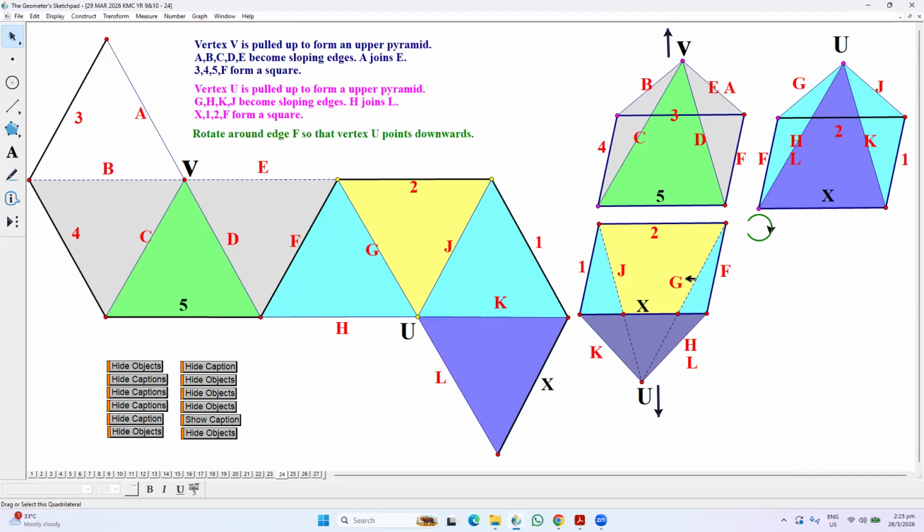J switches with G, then HL switches with K. So we are now ready to join the 2 pyramids, the upper and lower pyramid, and we can see that HX joins the H5. HX is joined to H5.